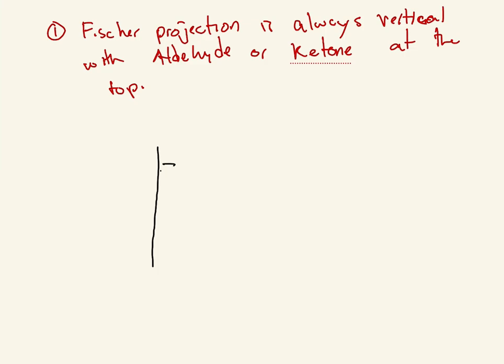We have a straight line. If I draw this at the top, how do we classify this carbohydrate? It's an aldose, right? We don't know what classification is beyond that yet.